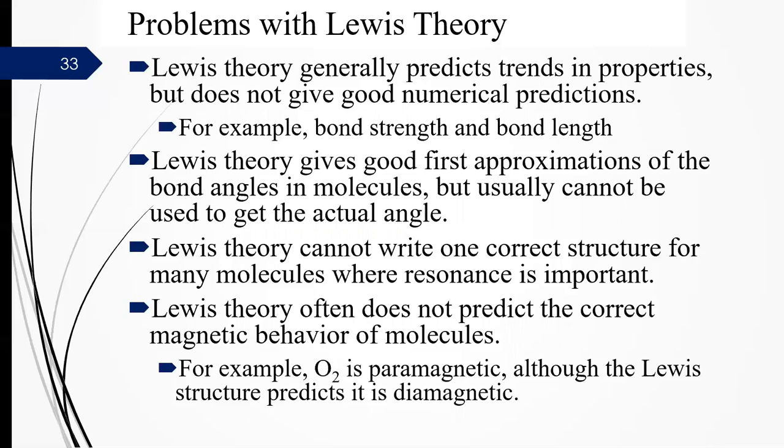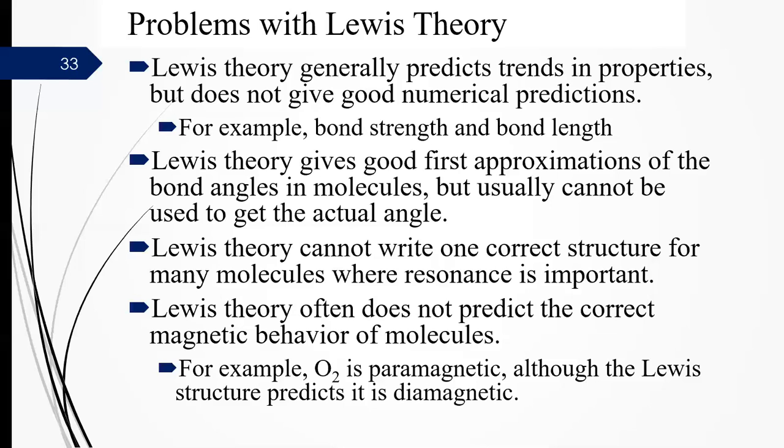It's kind of like resonance. While we can't give just one correct structure, we can use many molecules with resonance to help show where things should be leaning towards. The other limitation with Lewis theory is it doesn't predict the correct magnetic behavior. So Lewis theory is a starting point, and now we have to go a step farther than that.